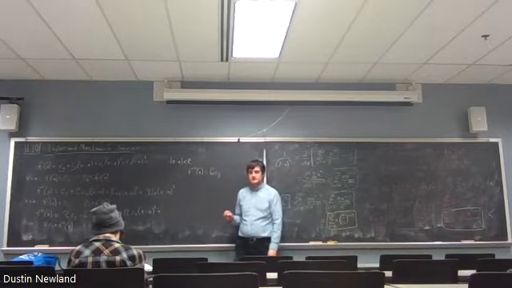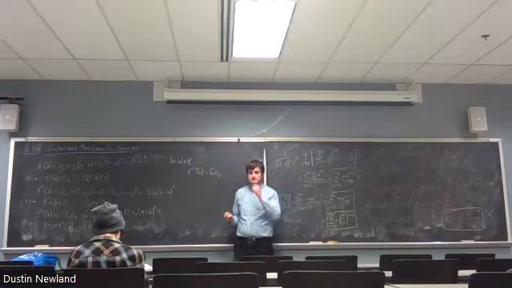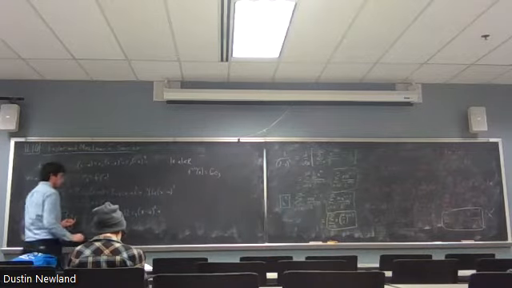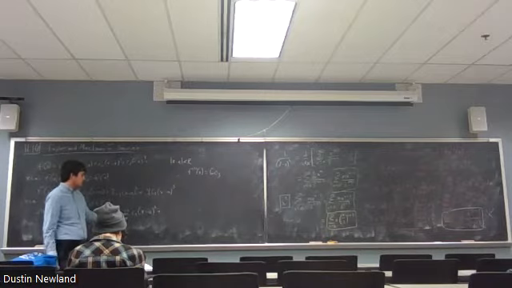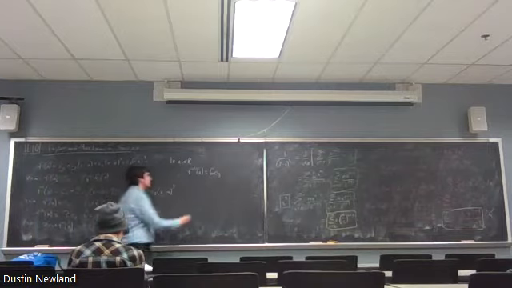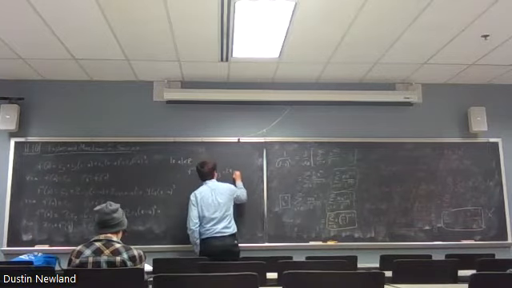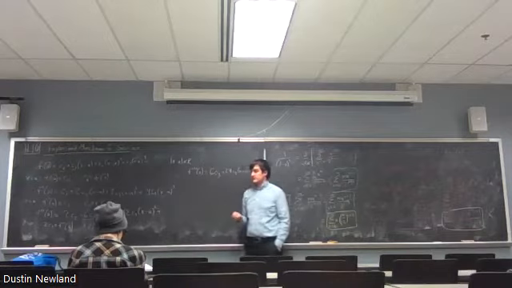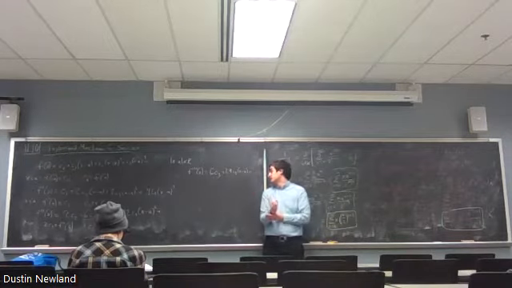Does that make sense? We should get 6C3. Times (x minus a), the derivative of this is 0. Here we're going to get 12 times 2, which is 24, C4 times (x minus a), and then plus dot dot dot. Okay?